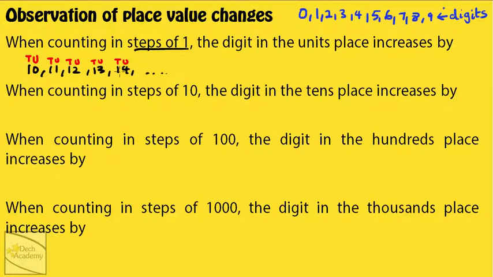So let's say we continue counting and we go to the point where we go to 19. Now, if I increase the digits in the units place by 1, that 9, what do you do? Let's think of it this way. You add 1 to 19, and that gives you 20.